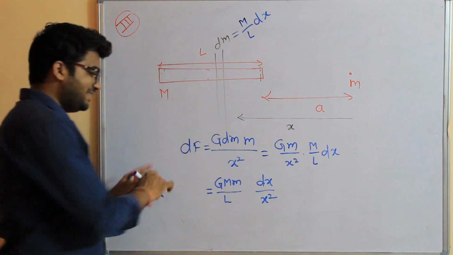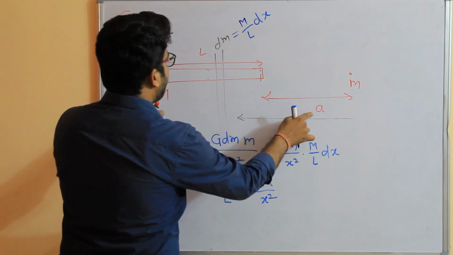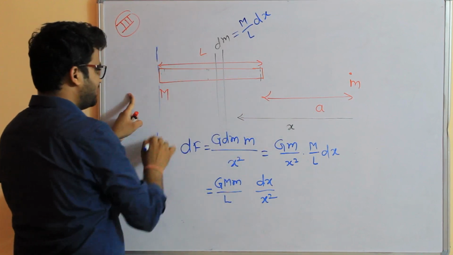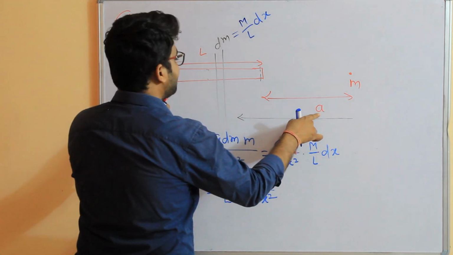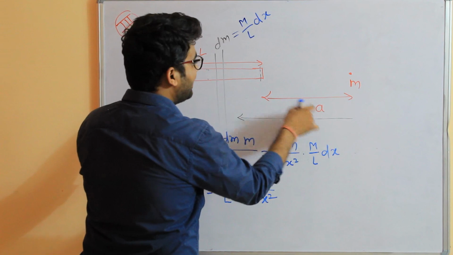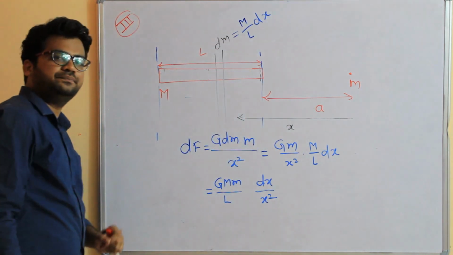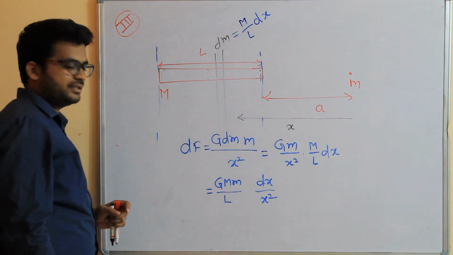Now integrate this term from a plus L, that is this extreme end, till a, and a is this extreme end. So from this end till this end we have to integrate.